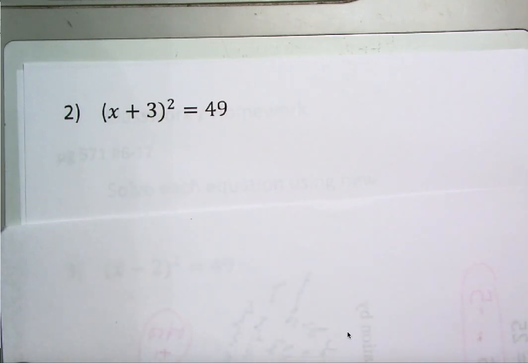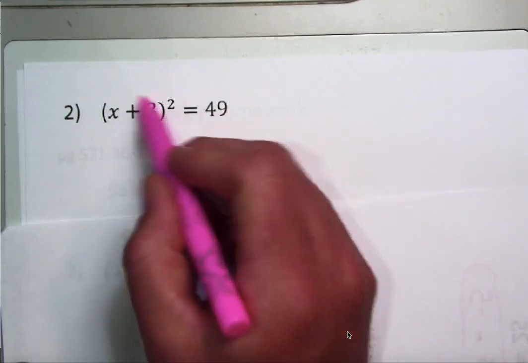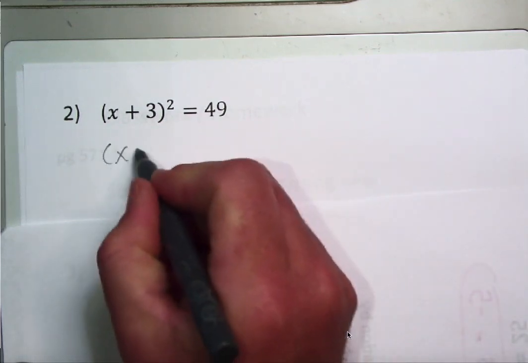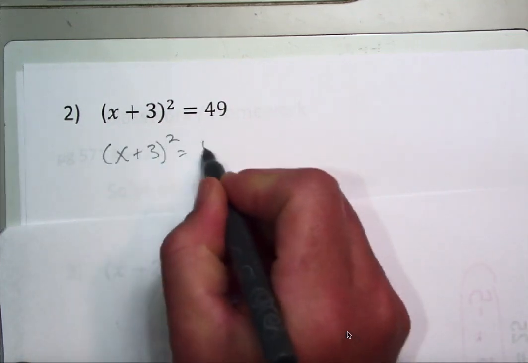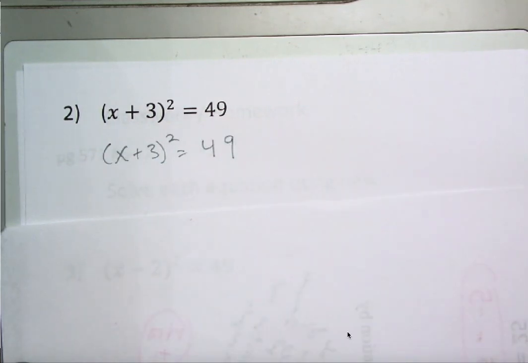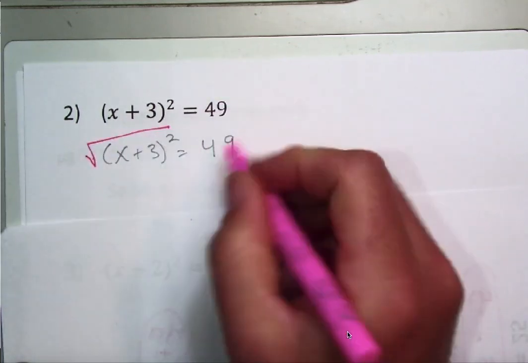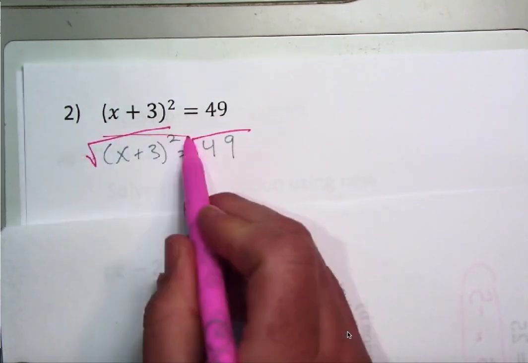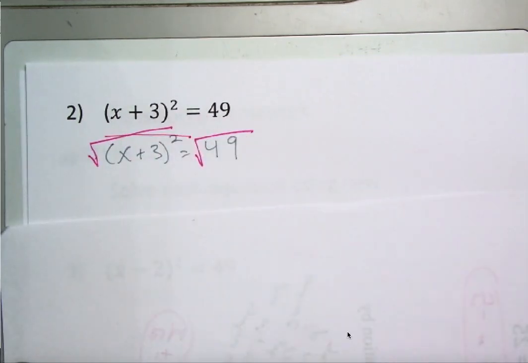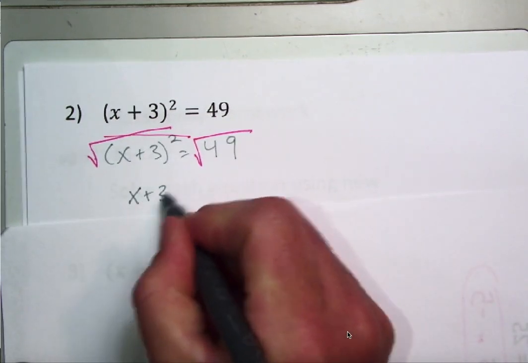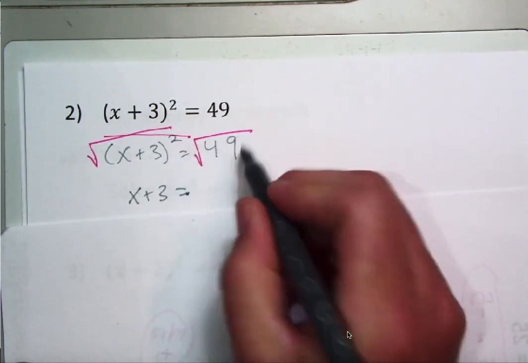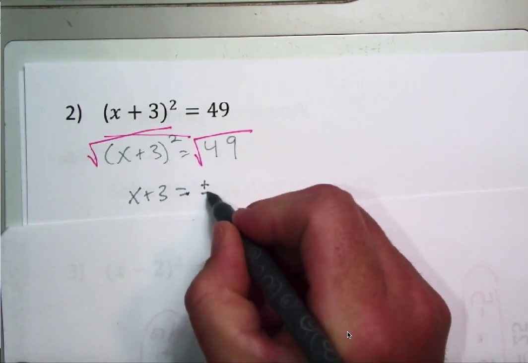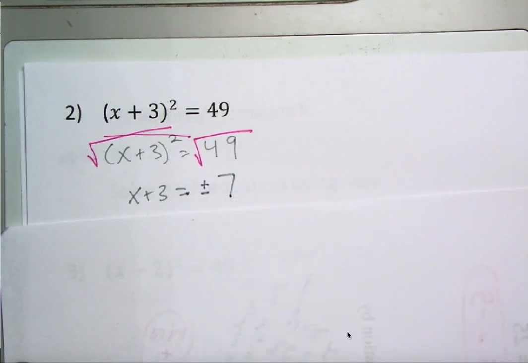So instead of subtracting 3 from both sides, since x plus 3 is all squared equals 49, what we're going to do is take the square root of both sides. Because we have x plus 3 squared, so that will cancel. And then we're left with x plus 3 equals, the square root of 49 is 7. Remember, we get a positive or negative 7 as our answer.